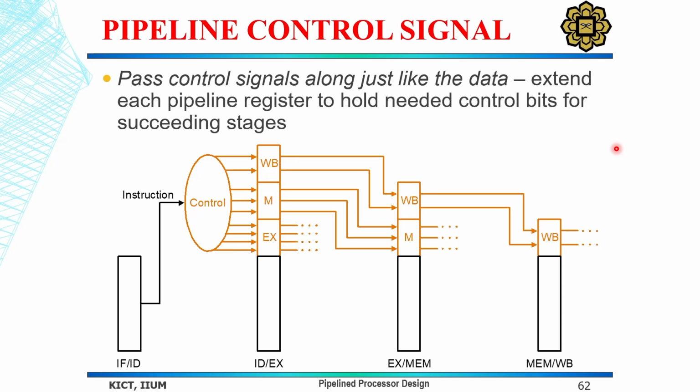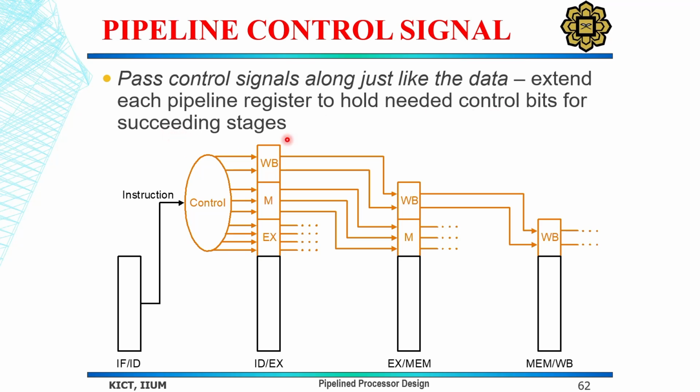In this slide, you can see that it makes a very important statement, which is to pass control signals along just like the data. So extend each pipeline register to hold the needed control bits for succeeding stages as well.